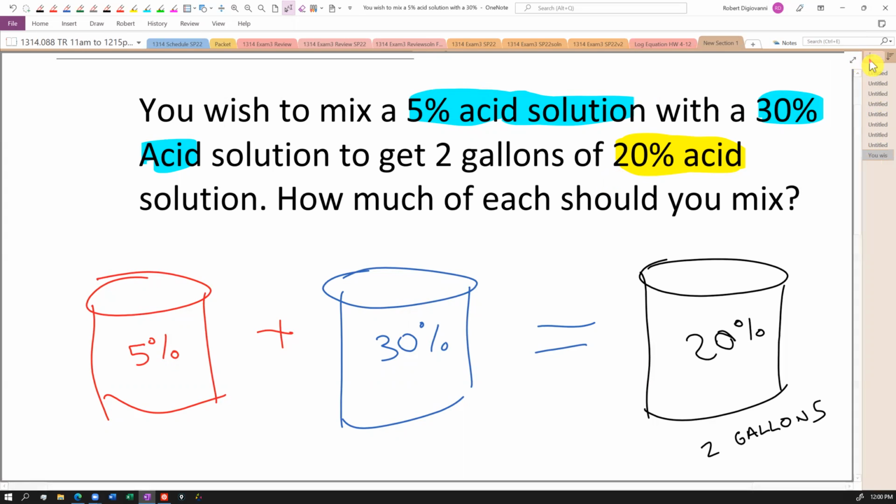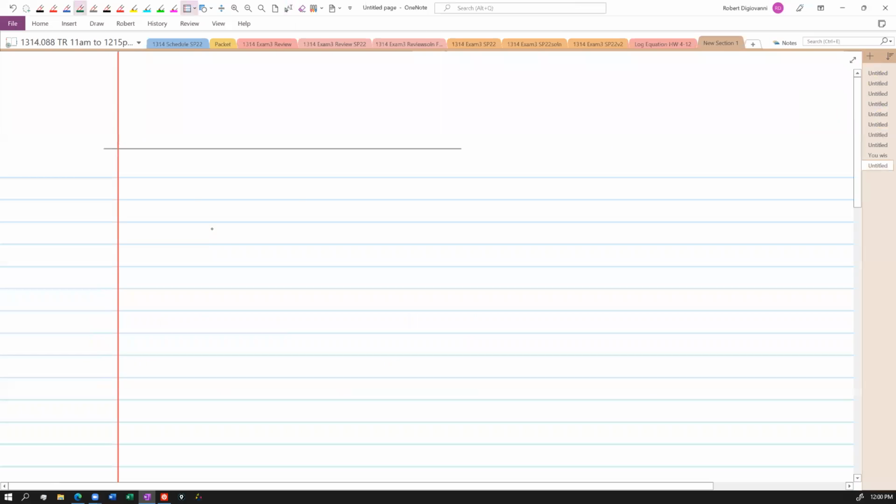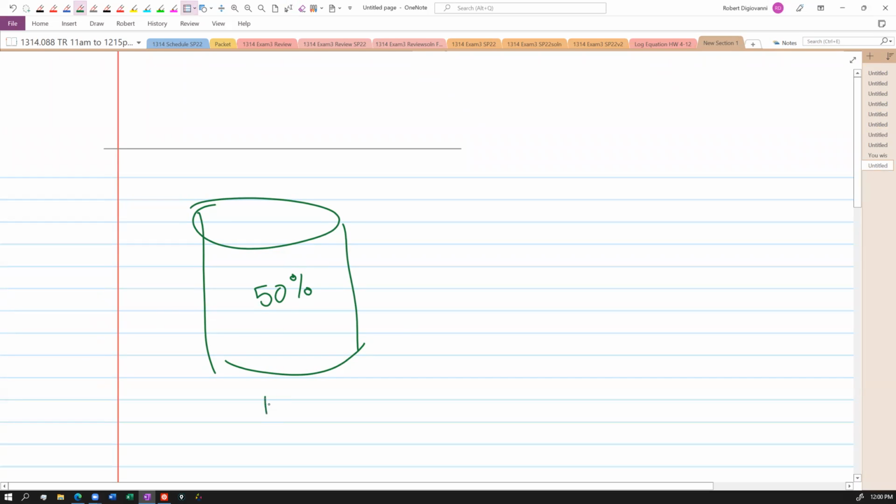Before we do this, let's just agree on something. Let's say I had a container, and it was full of some acid solution. What if I told you this was 50% acid solution? Let's just act like it is. And let's act like there were 10 gallons of this.